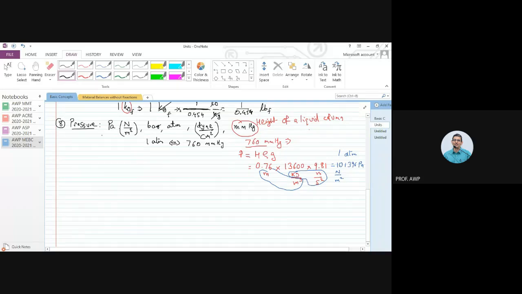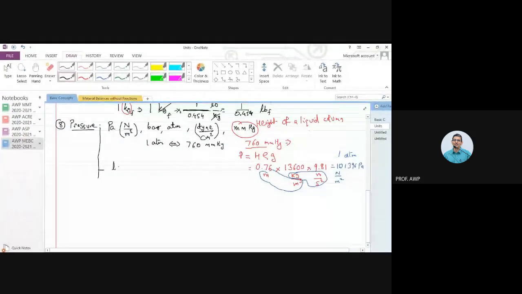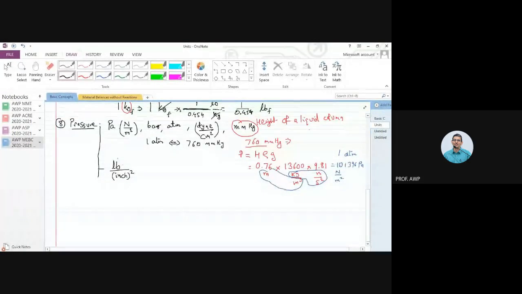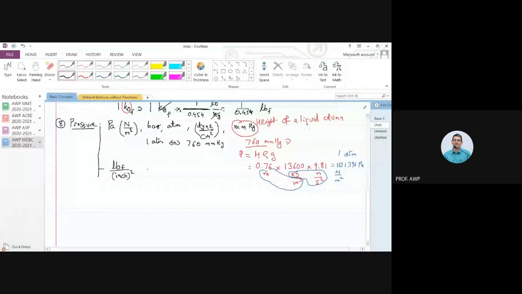So another unit of pressure that we commonly use is pound per square inch, right? But pound is a unit of mass, so when we say pound, what we actually mean is a unit of force corresponding to pound force. So it is denoted as lbf per inch square, or in short, it is written as PSI, pounds per square inch.